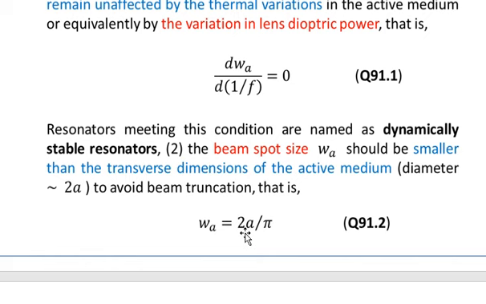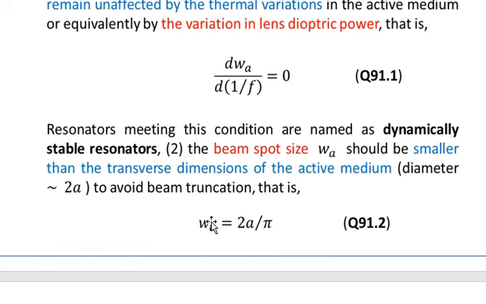So you see that 2A is the diameter of the active medium rod, and WA is actually the spot. Since this is a spot radius, we want this to be less than half of the diameter. So we have divided 2A by pi to keep things on the safe side.